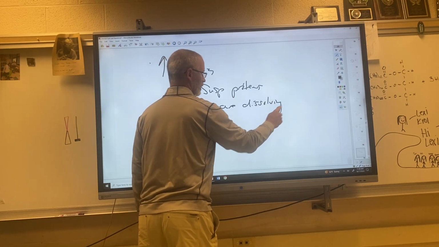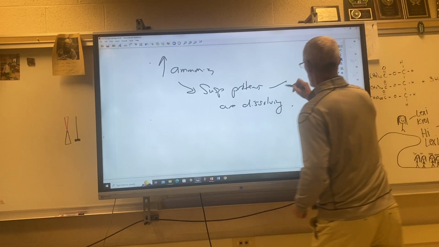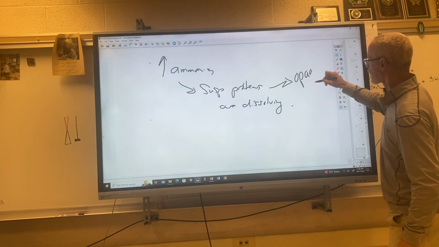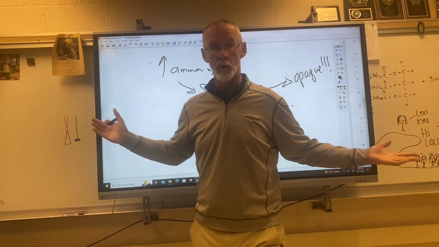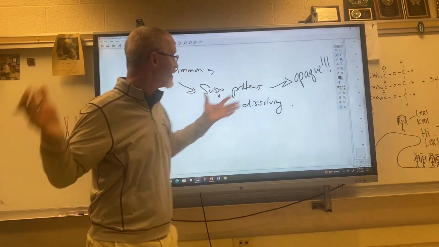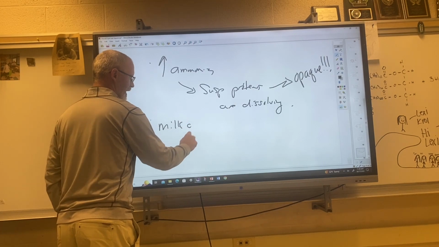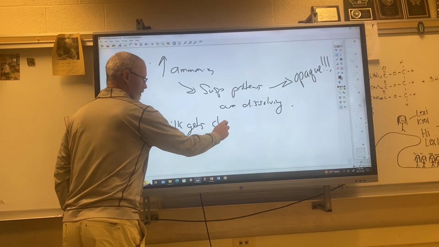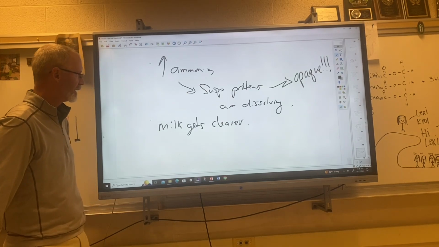Whoa. Those suspended proteins were the ones that were causing the milk to be opaque. If they're not there anymore, if you can't see them anymore, then the milk gets clearer.